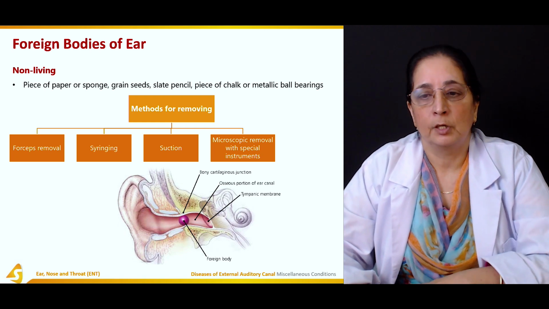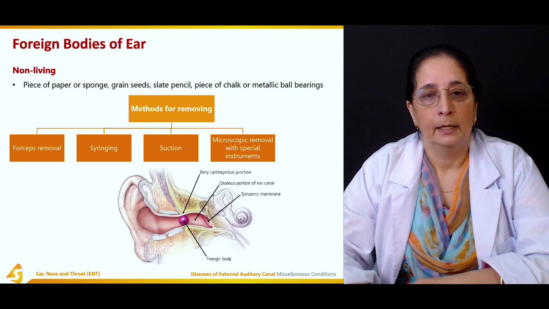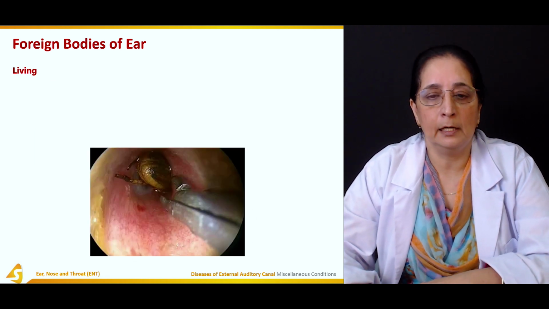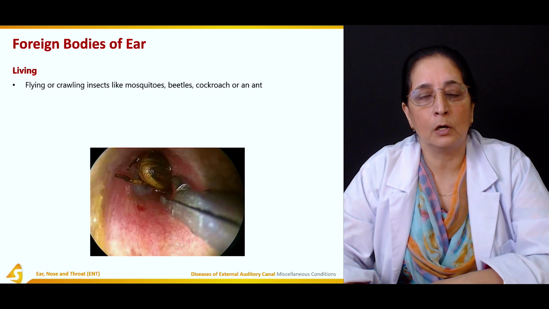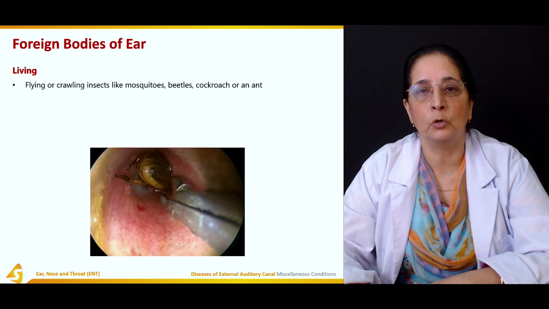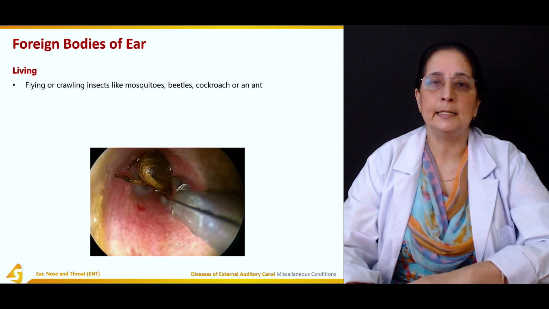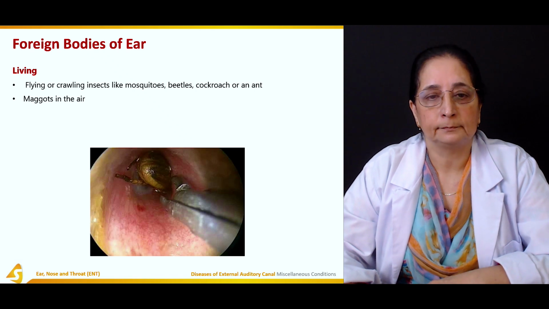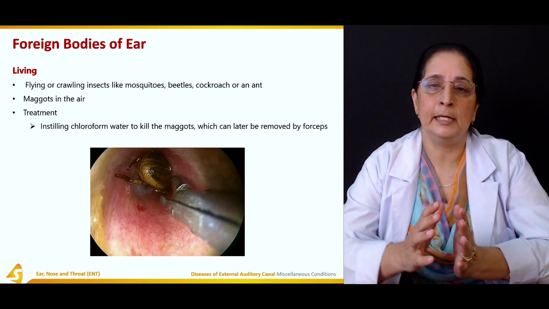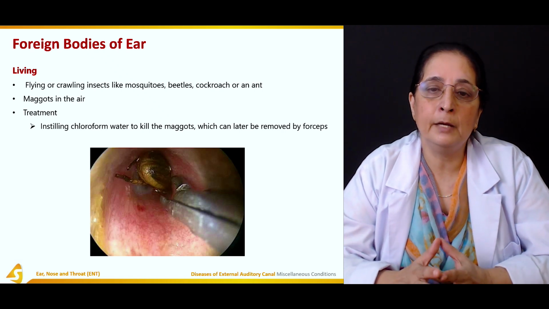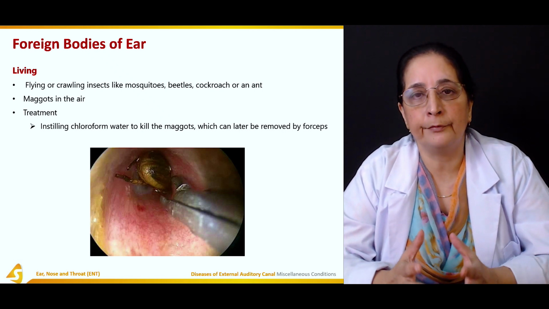And then the postural approach. Foreign bodies of the ear can also be living, like flying or crawling insects such as mosquitoes, beetles, cockroaches or ants. Maggots can also be in the ear. The treatment for non-living and living foreign bodies is a little different.